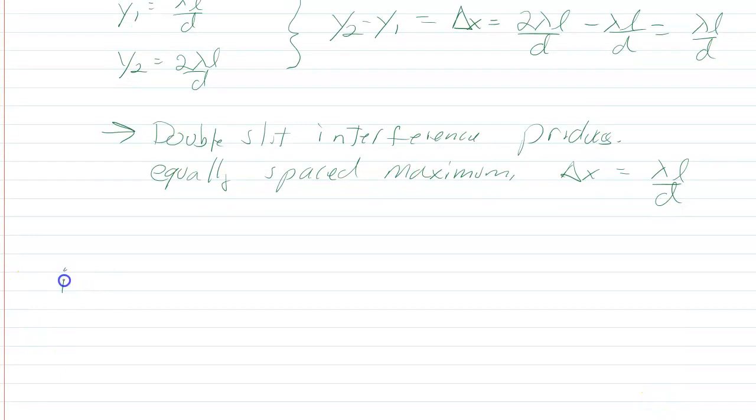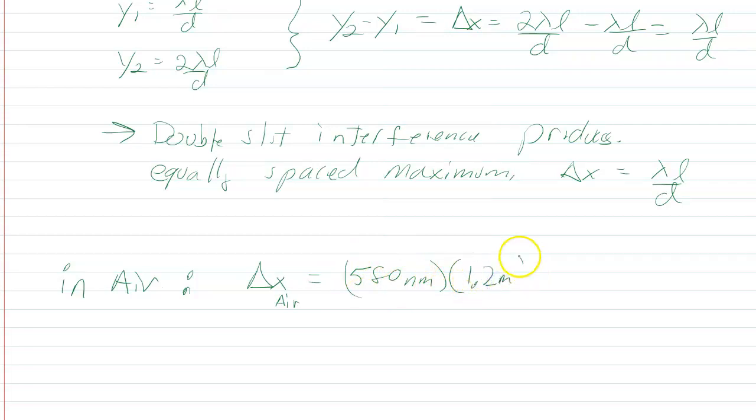Okay, so in air, our spacing, let's call it delta x air, is equal to our 580 nanometers for the wavelength times the 1.2 meters for the screen distance divided by the 0.25 times 10 to the minus 3 meters for the slit separation.